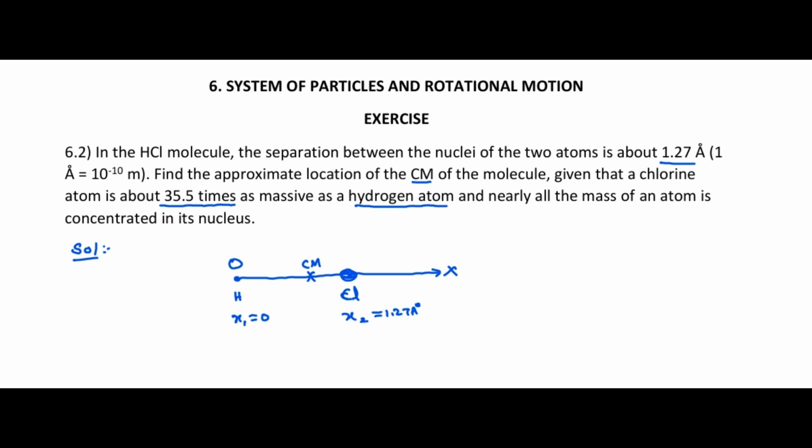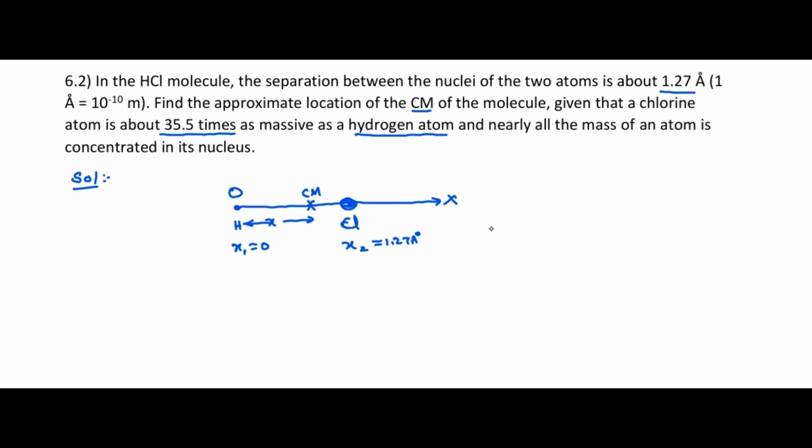Suppose the distance of center of mass is x from hydrogen, that is from origin. So we can write x is equal to m1 x1 plus m2 x2 divided by m1 plus m2.